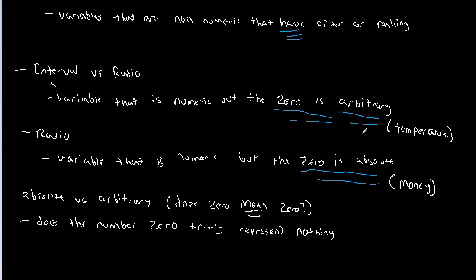So as a general rule of thumb, this is not always the case, but the question I tend to ask when I'm thinking about ratio data is, do negative numbers make sense?